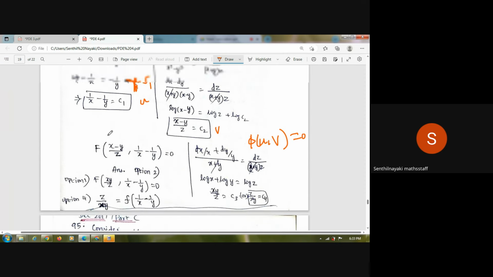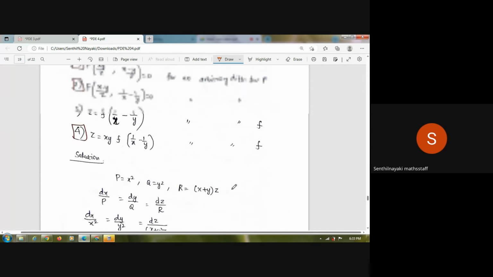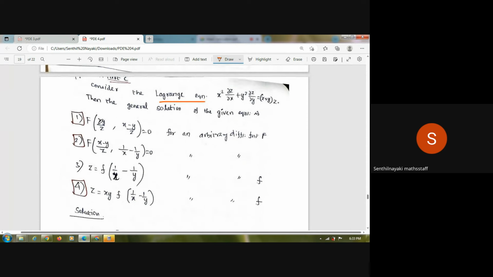So f of (x minus y) by z, 1 by x minus 1 by y, equal to 0. This is one type of solution. This is the correct solution.